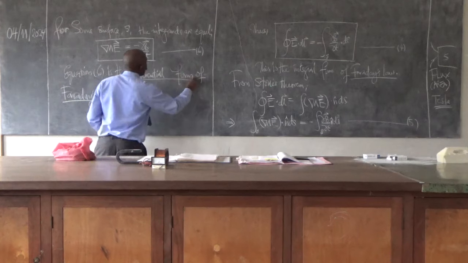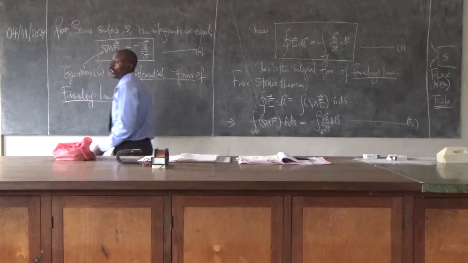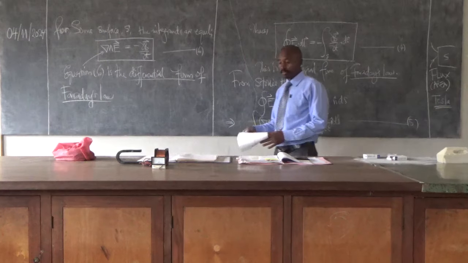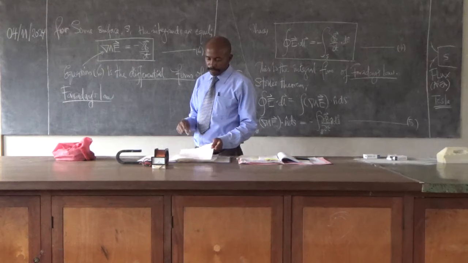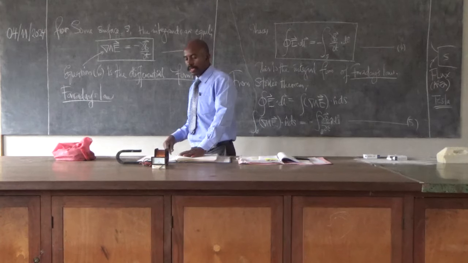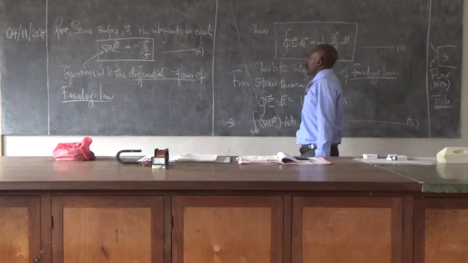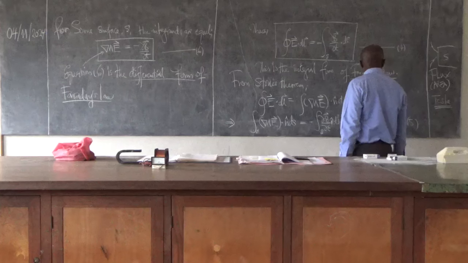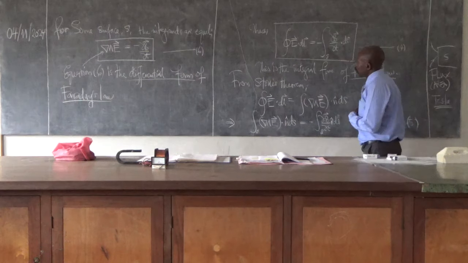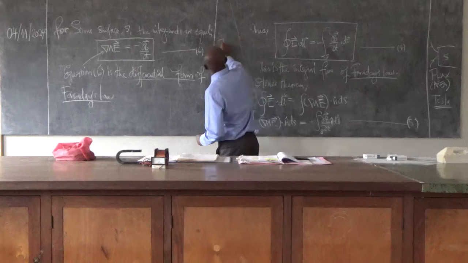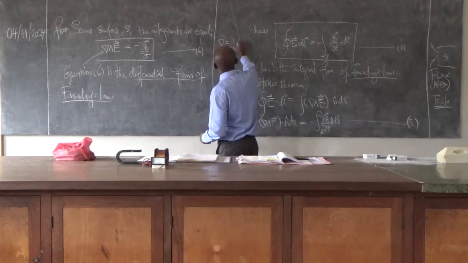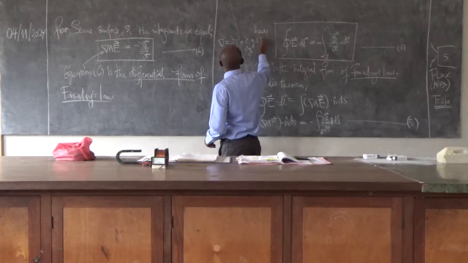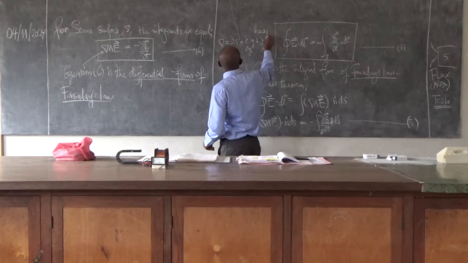The differential form is because of this, because depending on which coordinate system you are in, it is equal to the partial by partial. So if we are in Cartesian coordinates, then we have partial by partial x i plus partial by partial y j plus partial by partial z k.